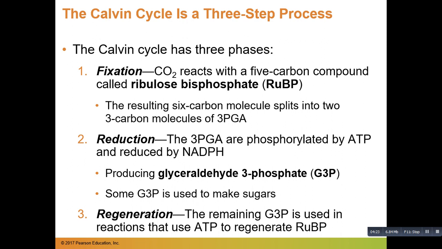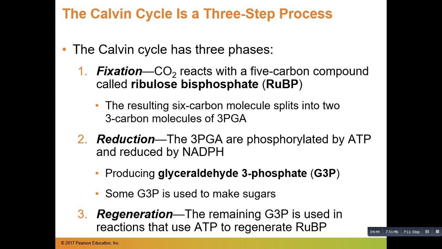So this CO2 is going to react with a 5-carbon compound. This 5-carbon compound is known as ribulose biphosphate. We're just going to call it RuBP from now on, just to make it a little bit easier. But RuBP is a 5-carbon compound.